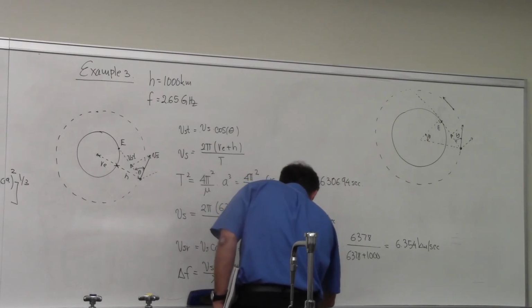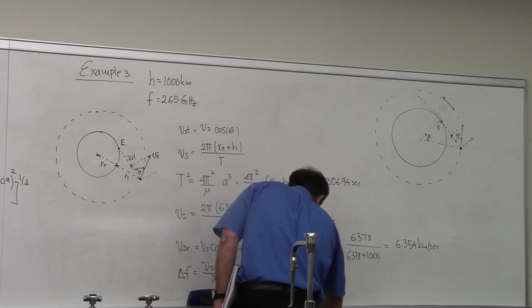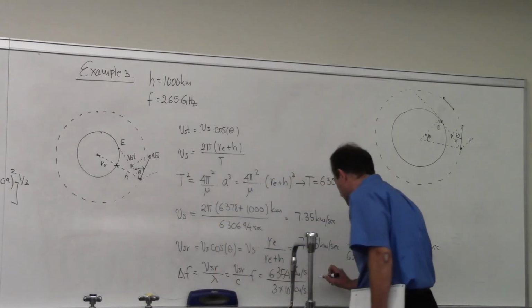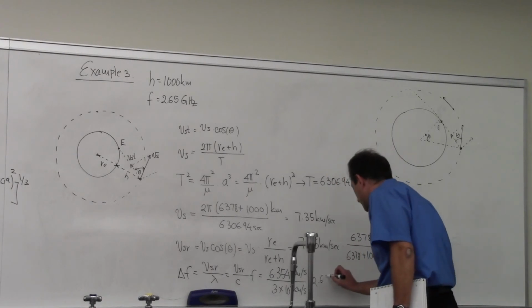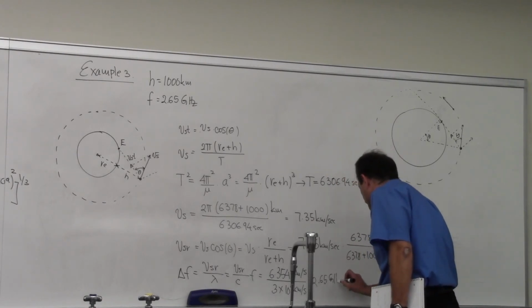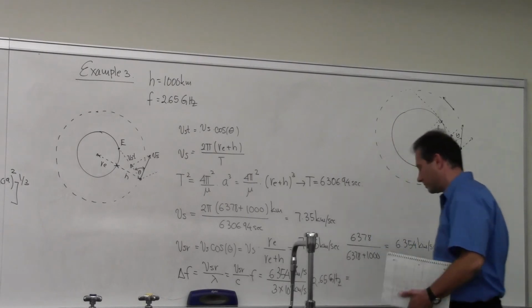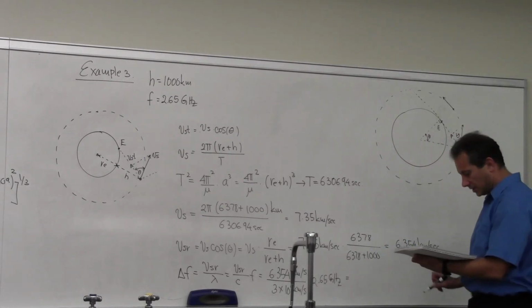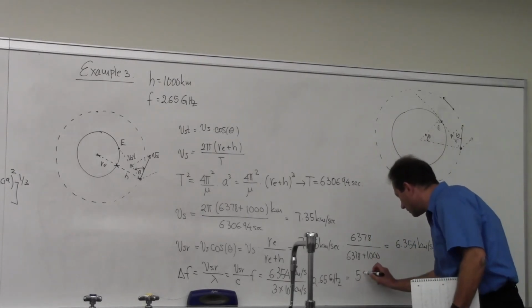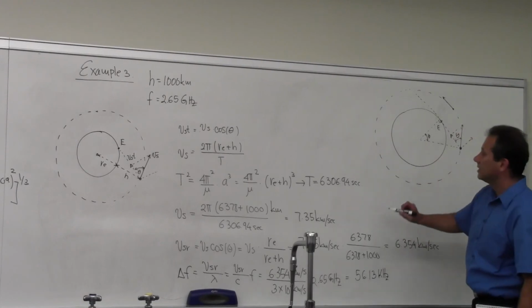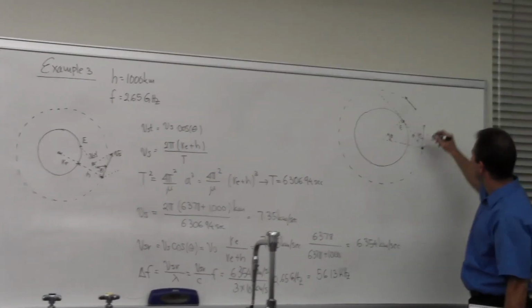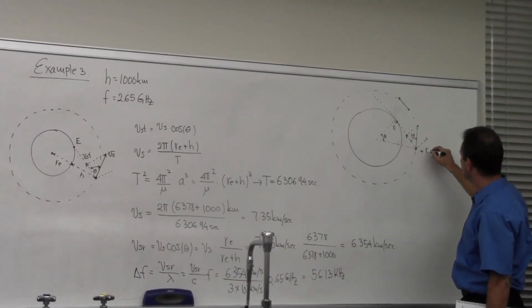The speed of light is 3 times 10 to the 5 kilometers per second. And then our frequency here is 2.65 gigahertz. So when I plug in these numbers, this results in a Doppler shift of 56.13 kilohertz.